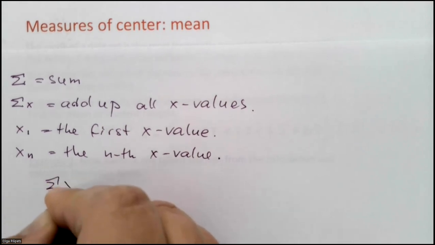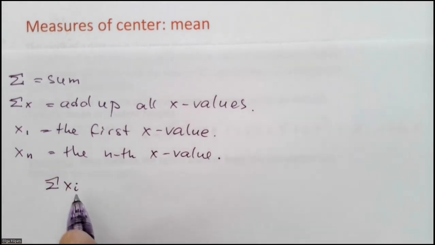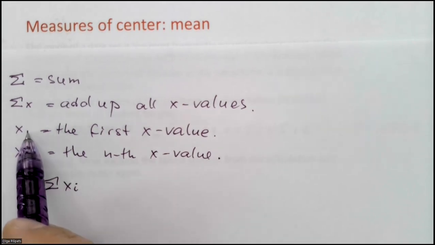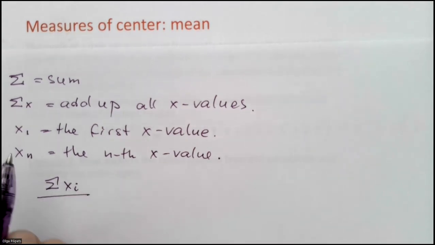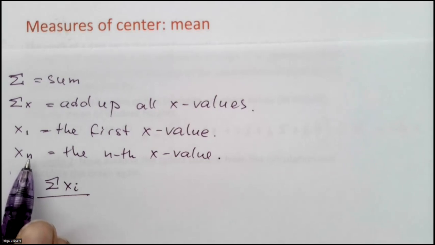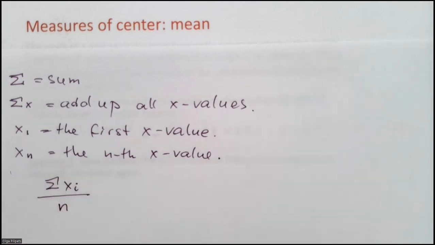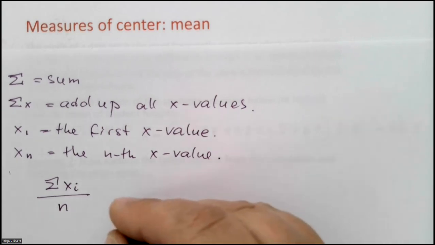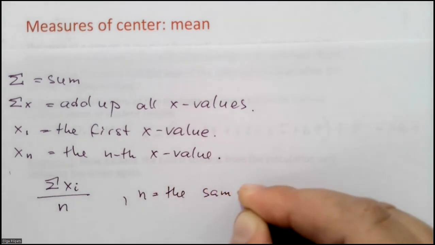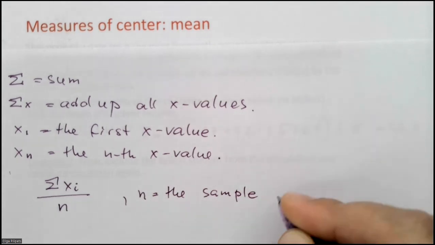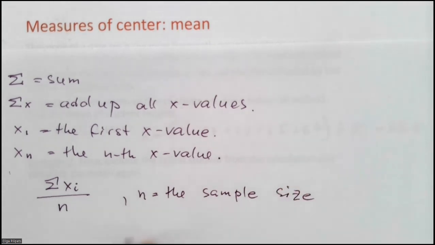Add up all X sub i, where i is a counter. It takes on all the values of X from the first one to the last one, and we're going to divide that by the total number of values, n. So n is the sample size, which is the number of values in the entire sample.